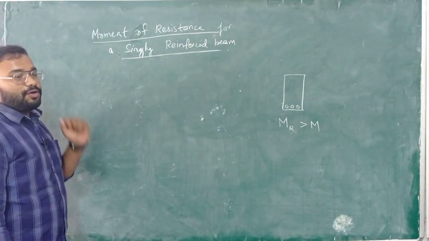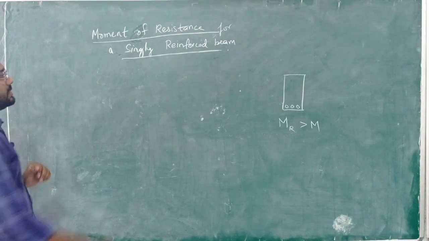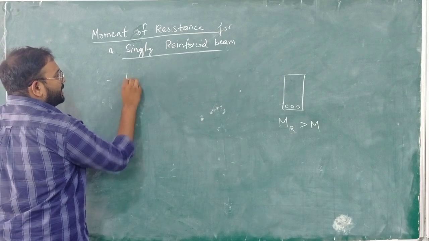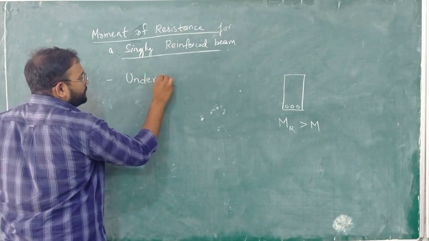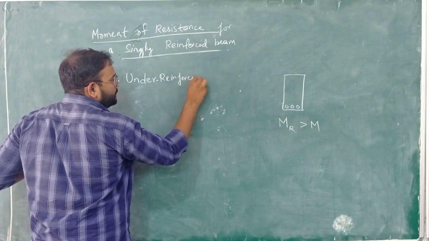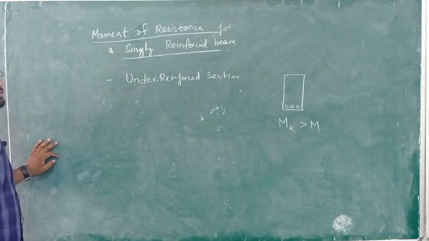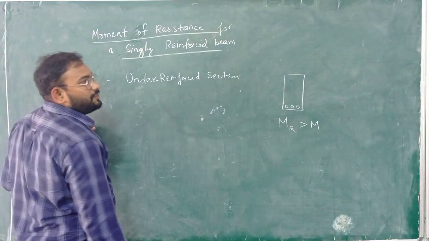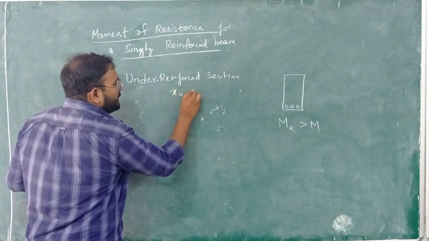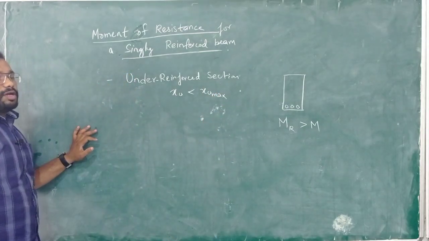If you remember, it is a beam which has only reinforcement in the tensile zone. No reinforcement is provided in the compression zone, such that its moment of resistance is always more than applied moment. Yesterday I told you, right, how much moment is applied is less compared to the capacity of section.